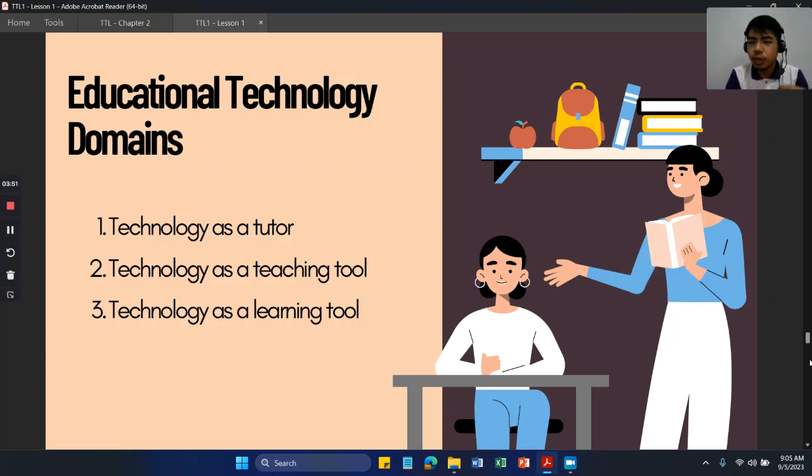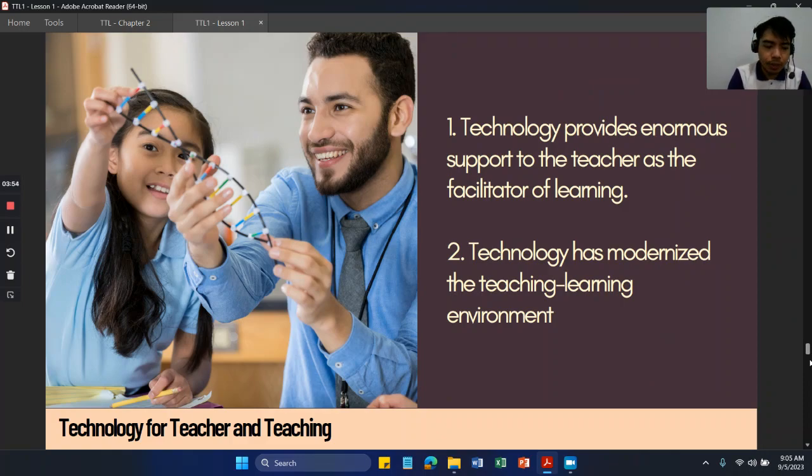Now, when it comes to its actual application for the presence of technology for teacher and teaching, meron po tayong significant na mga key concepts dito. For instance, technology provides enormous support to the teacher as facilitator of learning, and technology has modernized the teaching learning environment. So tandaan, it is already the 21st century. So technology provided that certain type of support na maaari magamit ng mga teachers para sa hindi sa lahat ng pagkakataon, puro traditional learning lang ang gagawin natin.